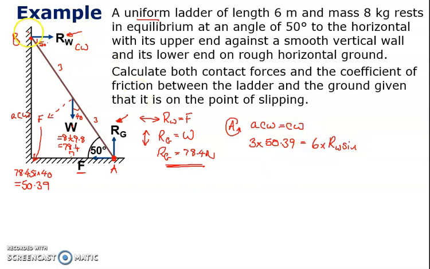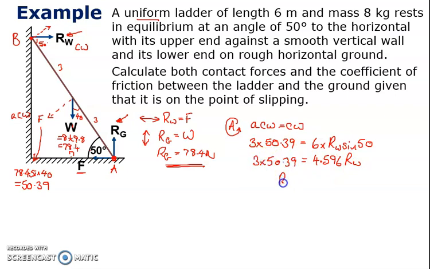Notice the RW is in the wrong direction, so I've got to resolve it using the sine of that 50. So 6 times sine 50 is 4.59, and that's 4.59 RW.